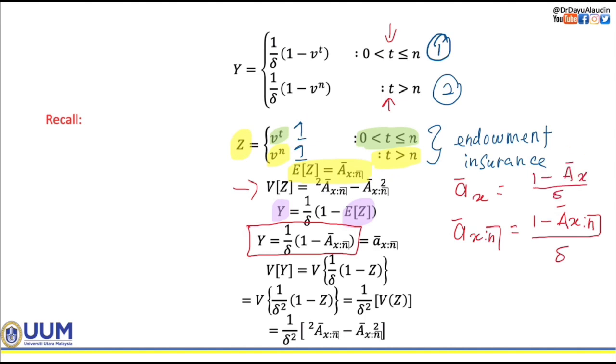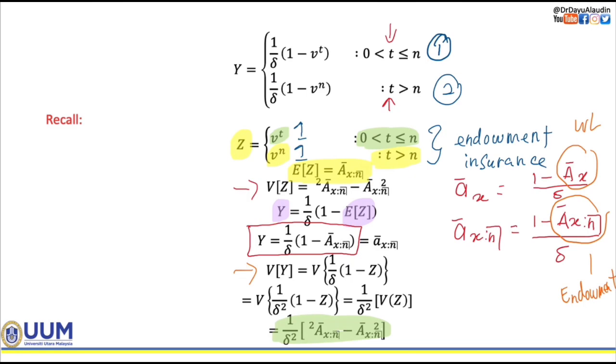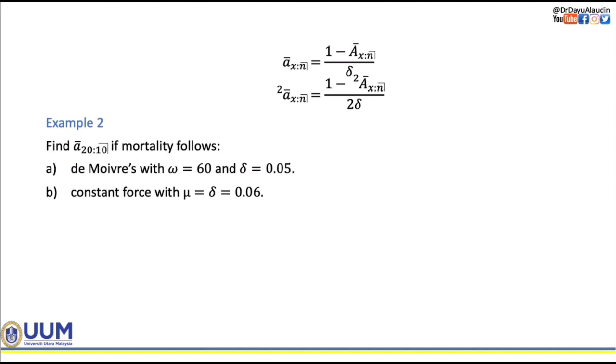So this is for whole life insurance and this is for endowment. Then for the variance, we can also use endowment with delta squared. So as a conclusion, this is how we find the n-year temporary life annuity using endowment, and second, how to find the variance.